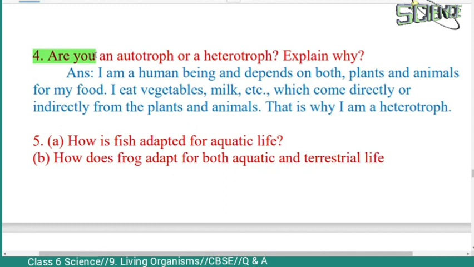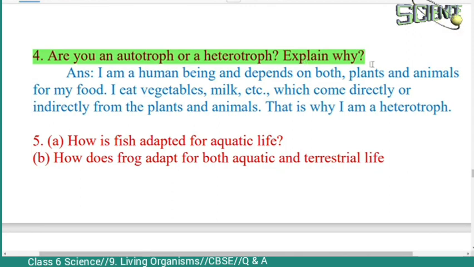Fourth question, are you an autotroph or a heterotroph? Explain why. Answer, I am a human being and depend on both plants and animals for my food.